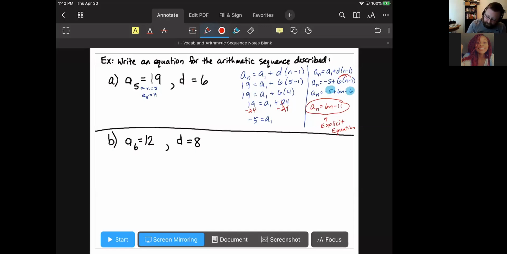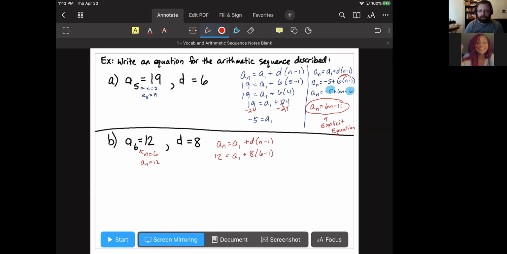Okay, again, they tell us that when n equals 6, a sub n is 12. So we start off and we find a sub 1. And we do that by plugging into our equation everything that we know. That is that when a sub n equals 12, n is equal to 6, and d is equal to 8.